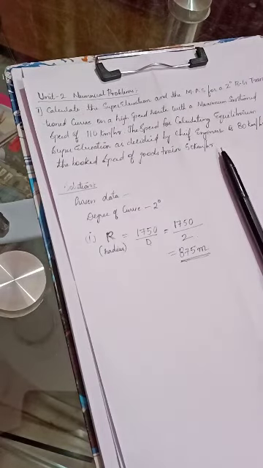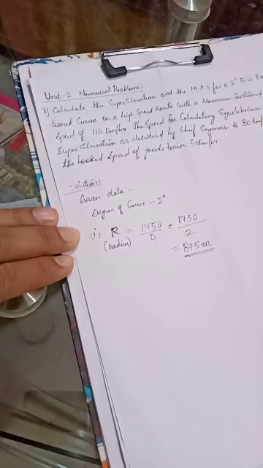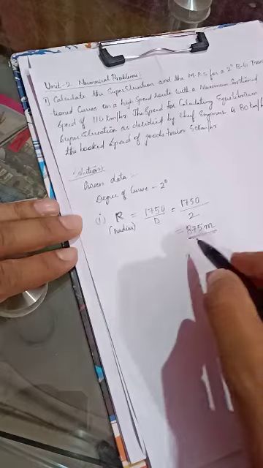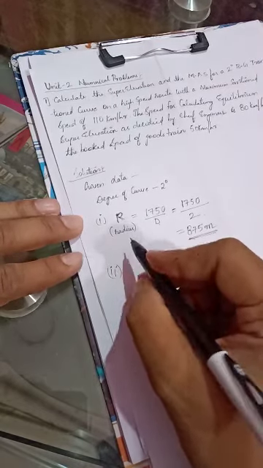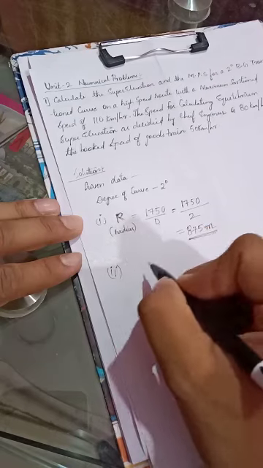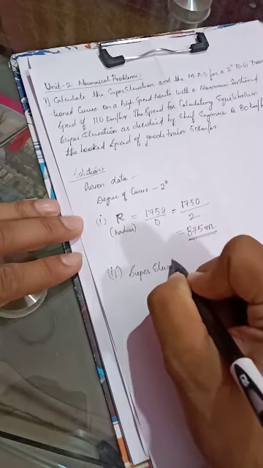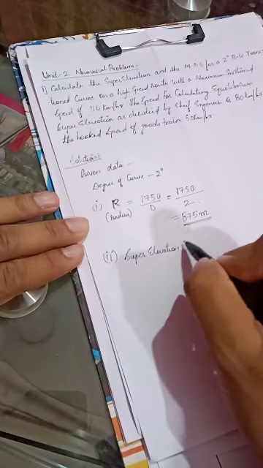So we need to calculate this. So for that, first we need to find out super elevation at equilibrium speed. So step 2 is nothing but super elevation for equilibrium speed.